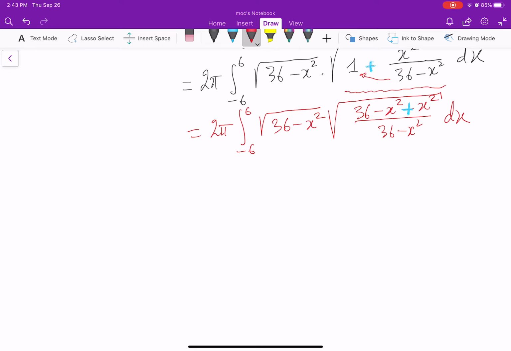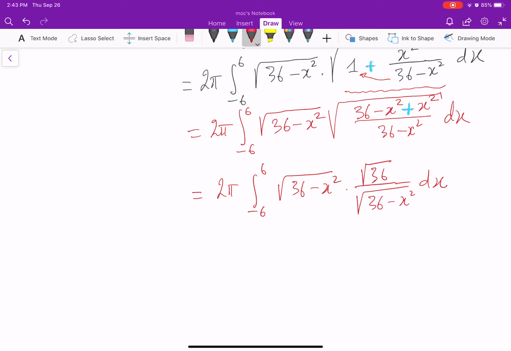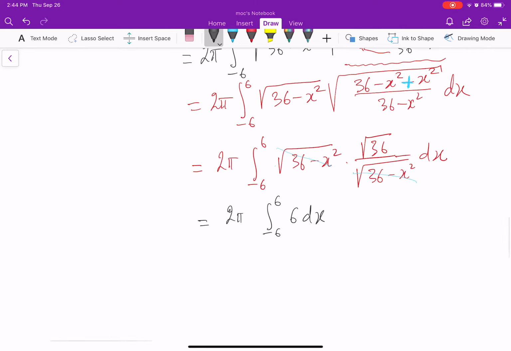All right, now everything looks really good. 2 pi, integral from -6 to 6, of the square root of 36 minus x squared, and then I write, really short, the square root of 36 over the square root of 36 minus x squared dx. And now we can simplify this guy and this guy, the square root of 36 minus x squared. The square root of 36 is just 6, right? So I can rewrite our integral as 2 pi times 6 times the integral from -6 to 6 of dx.